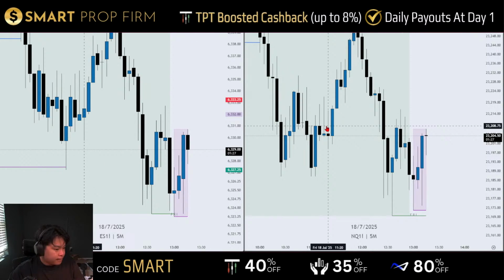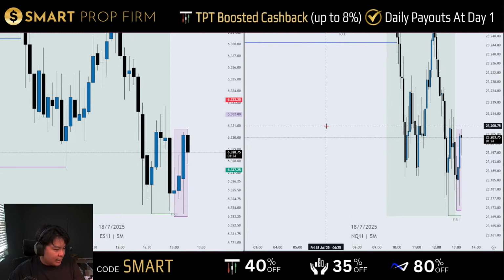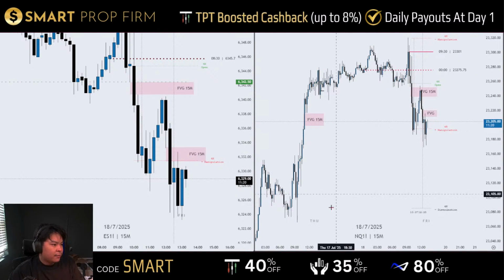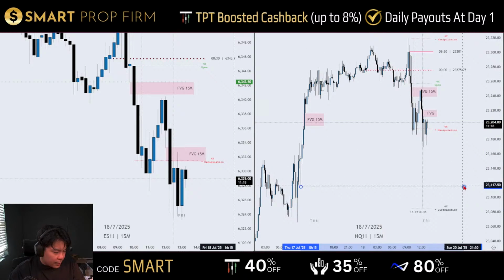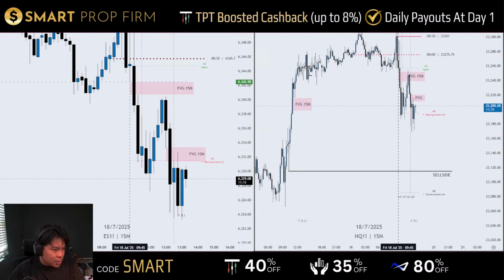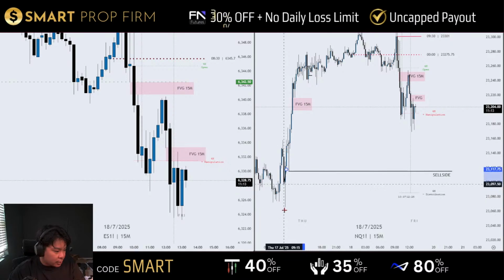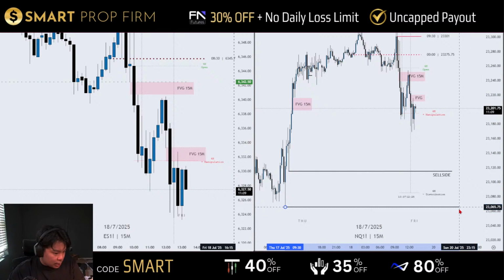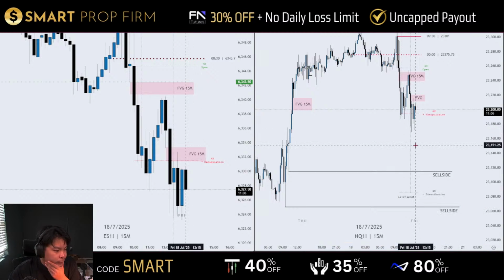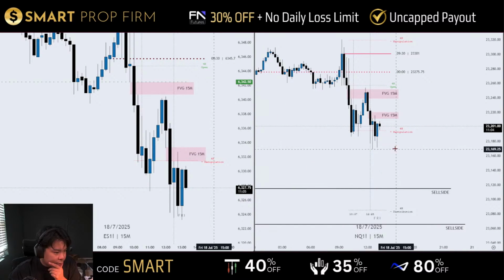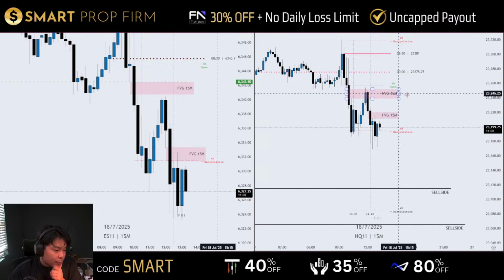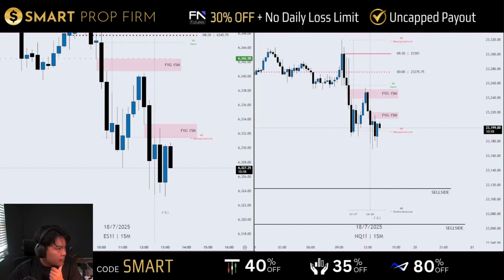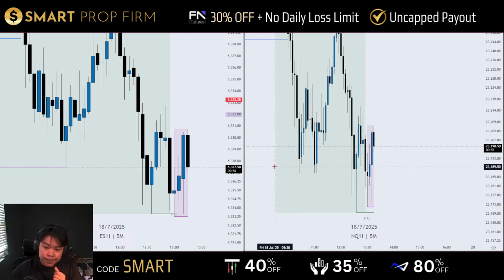But I need a clear draw on liquidity right now, and I don't really have that. It might be lower here, but I need to know we're going to have some delivery. How we do that is if we get some engineered liquidity, internals made here. Then we'll dance around, consolidate, and once it actually fails, a failed run back up could also be something we can work with.